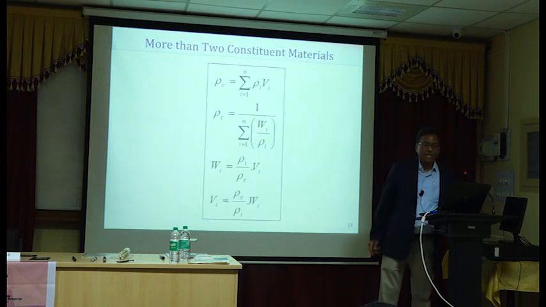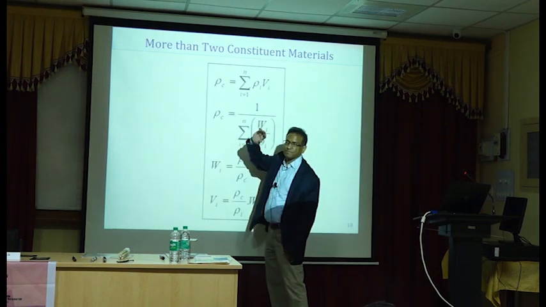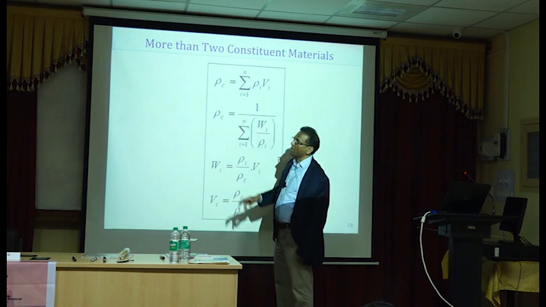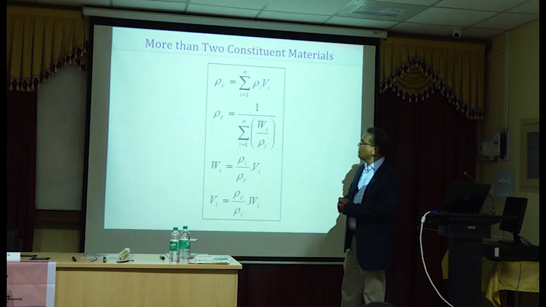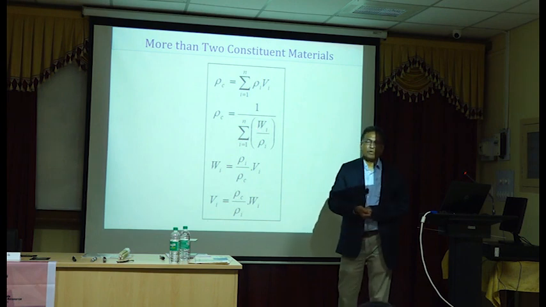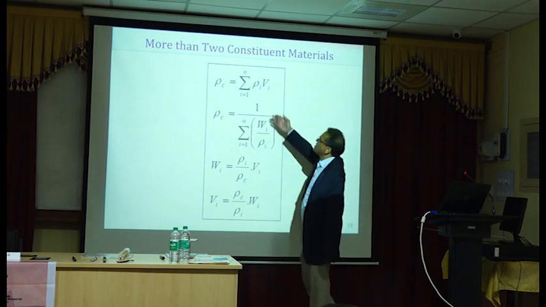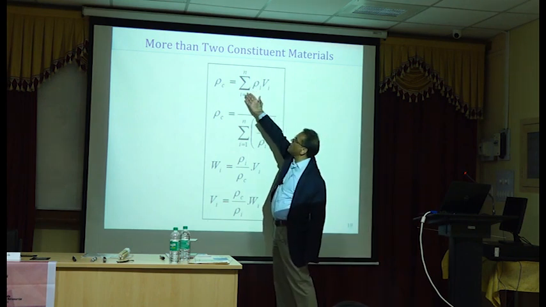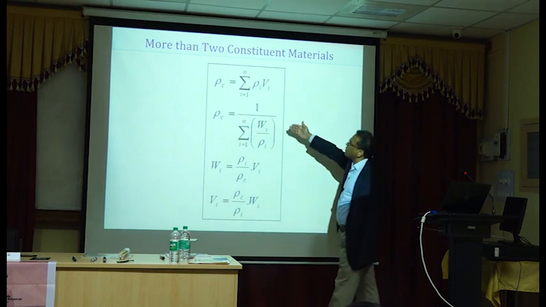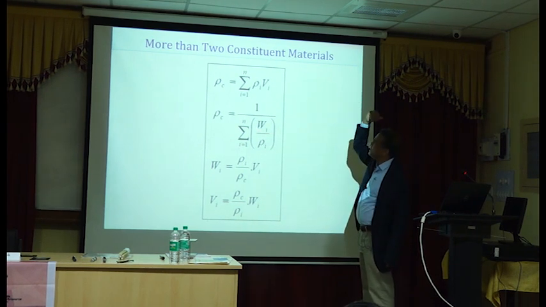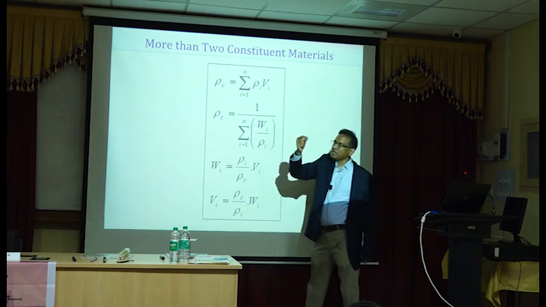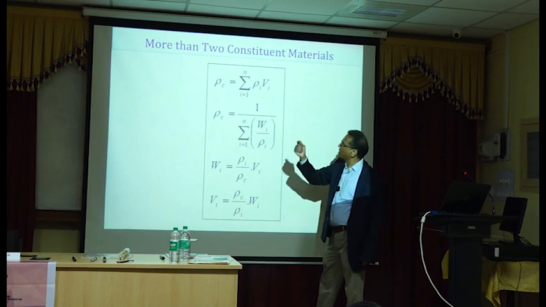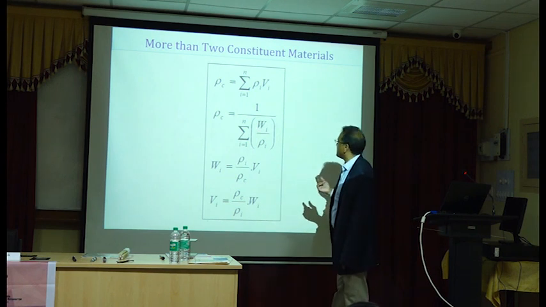Very simple. Let's say you have multiple fiber types, 3 different fiber types. It is possible. Sometimes, for whatever reason, you may include more than one type of fiber. Okay. In which case, you just use the summation equations. Rho c equals summation i equals 1 to n of rho i Vi, where rho i is the density of the ith material, Vi is the volume fraction of the ith material.